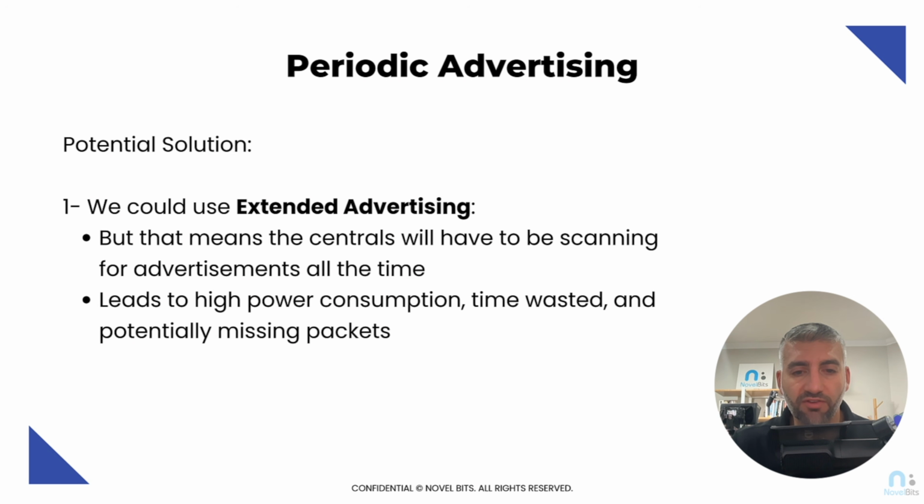So you could have a use case where the readers or the scanner devices are actually battery operated, and they need to be sensitive about power consumption and current draw, and they need to last longer on their batteries. Also, in the case of extended advertising, if you do by chance miss any or all of the packets on the primary channel, then you won't be able to find the packet that's sent on the auxiliary channels.